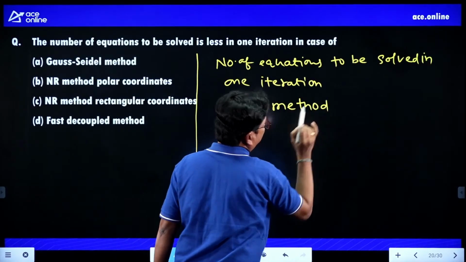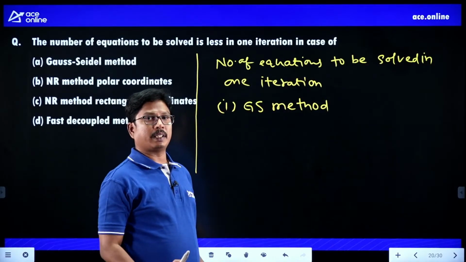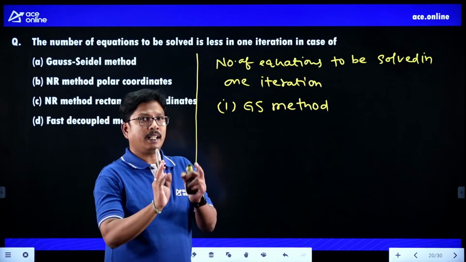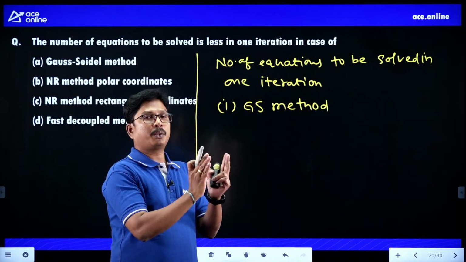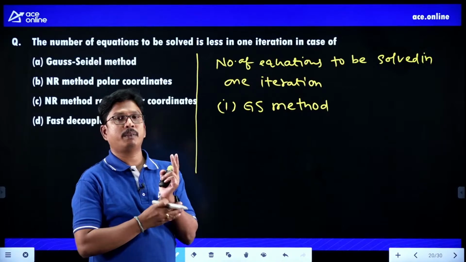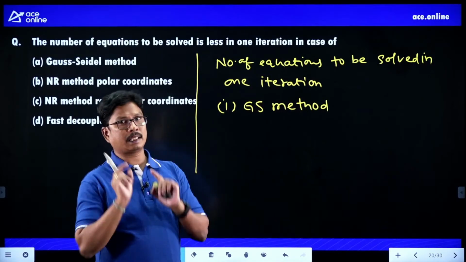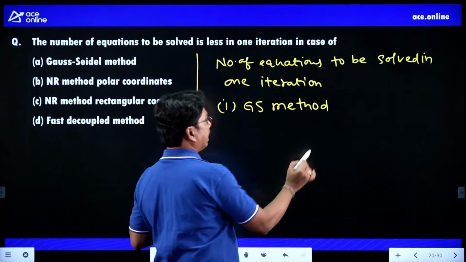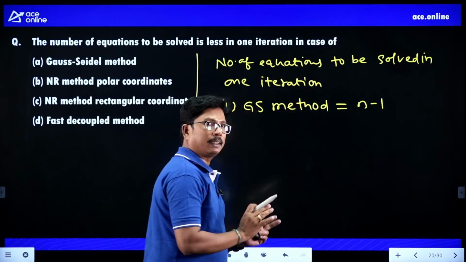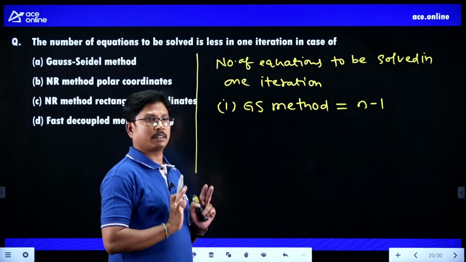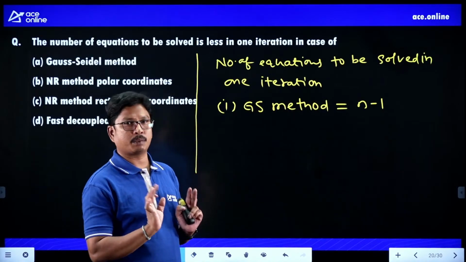In case of the Gauss-Seidel method, we are going to write equations at every bus except the slack bus, right? That Gauss-Seidel load flow equation, magnitude of V at an angle of delta, we are going to write for every bus except the slack bus. So how many equations do you have to solve? That will be n minus 1, total number of buses minus the slack bus.